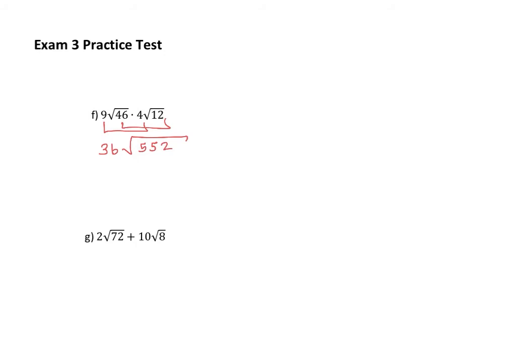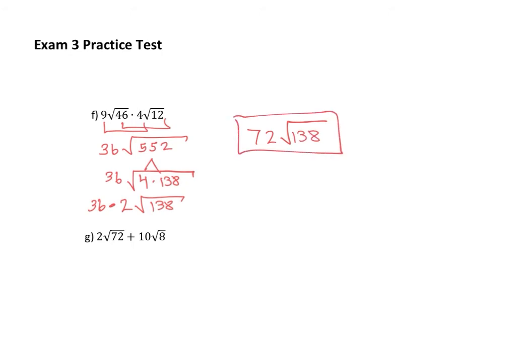Then I'm going to just check 552 for factors. The only factor I found, and if this were a multiple choice question, I definitely wouldn't have the numbers quite so big, but that's okay, you have 4 times 138. Let's bring the 4 out. And then 36 times 2 is 72 square root 138. And that's our final answer.